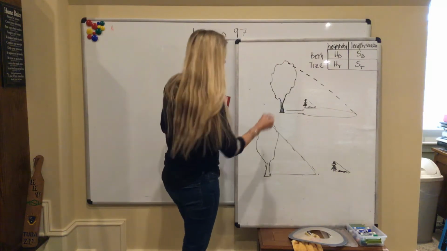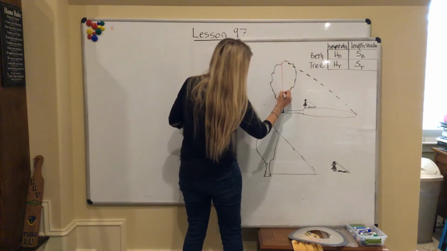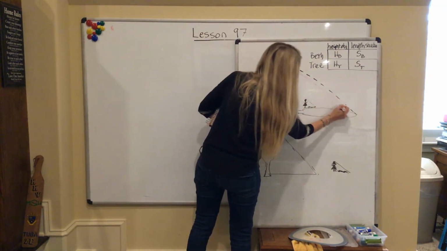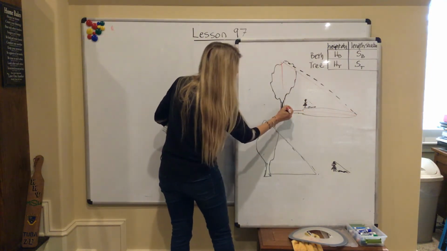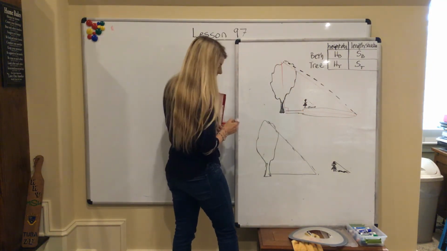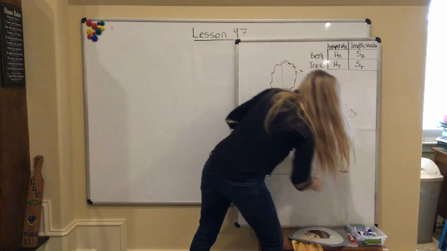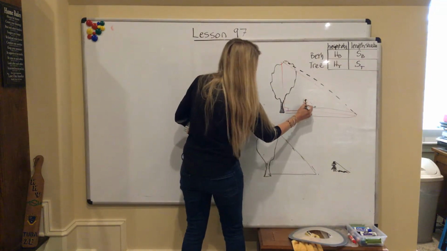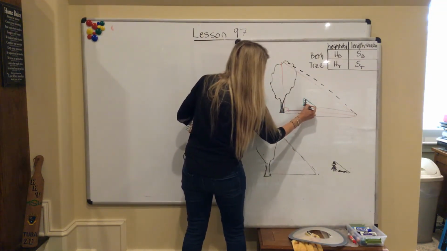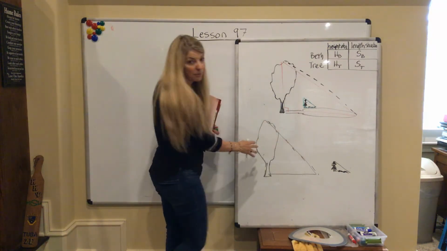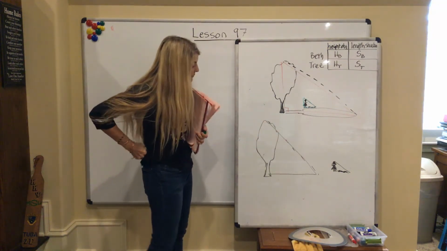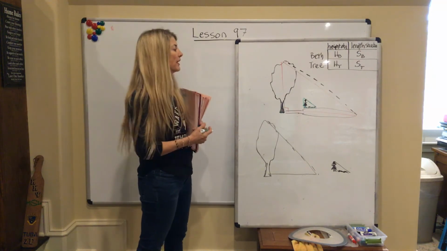If this is one triangle, with a right angle right there, and this triangle right here also has a right angle, they're separated down here so you can see them better, but they're similar triangles.